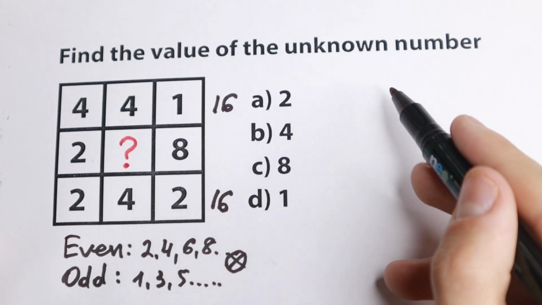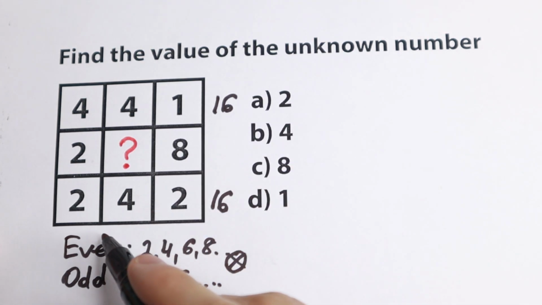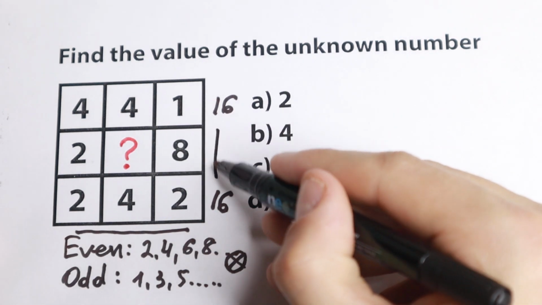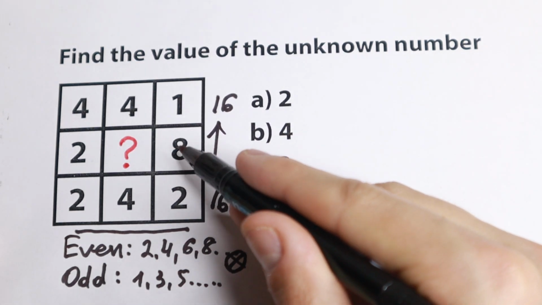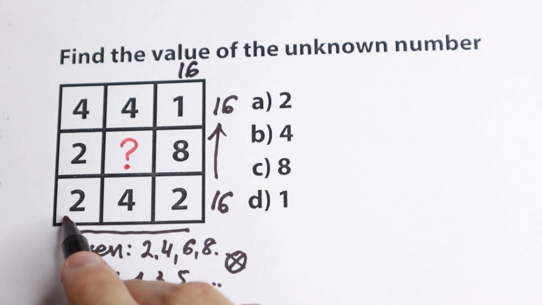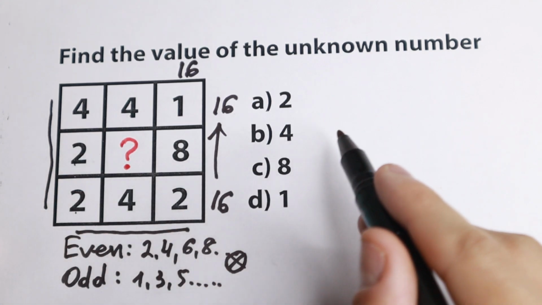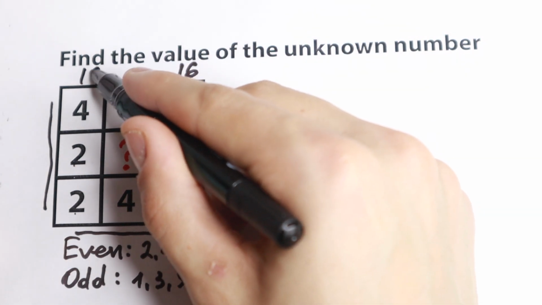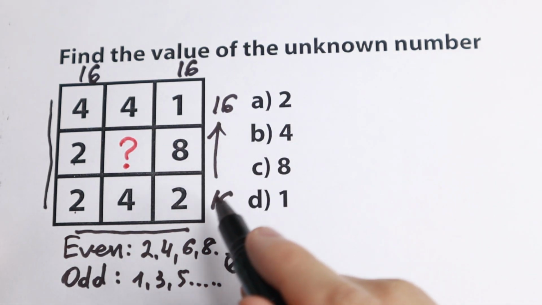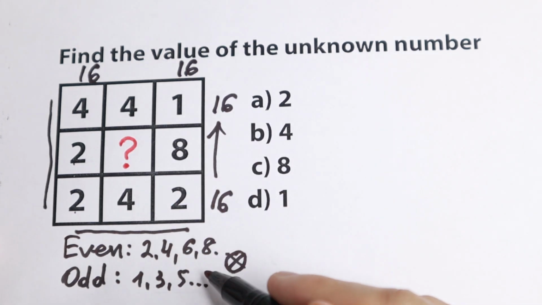And moreover, I want to show you a really interesting pattern, because if we multiply not only horizontally but also vertically, 2 by 8 by 1, we have 16 as well. And in the vertical way, we have 2, 2, 4. If we multiply it, we will have 16 as well. So it looks like in every way we always have 16 as a result.